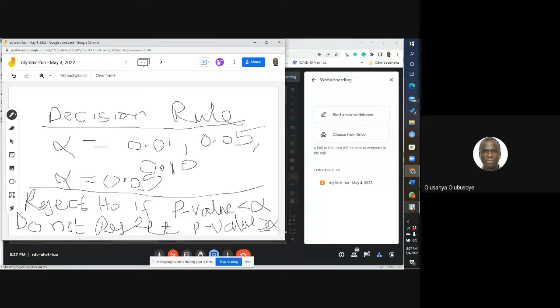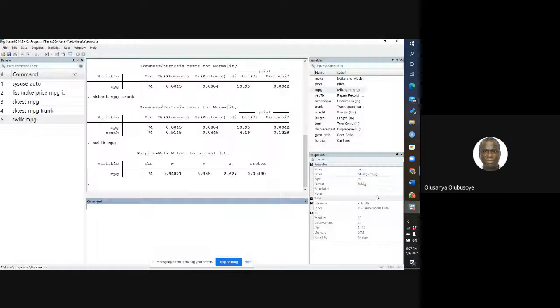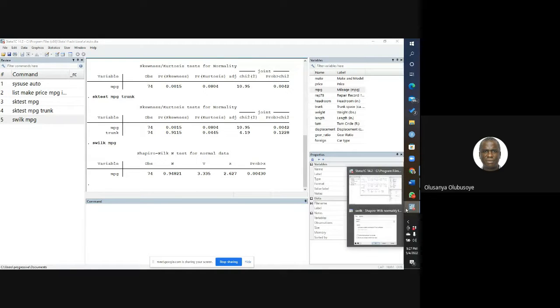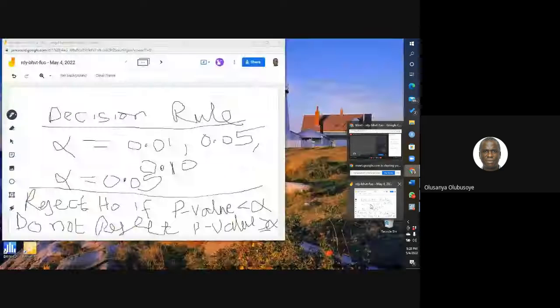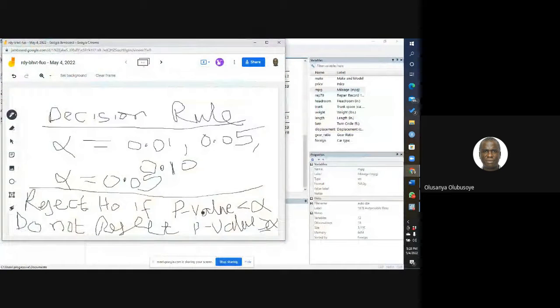So in our case, this is the p-value. The p-value is far less than the alpha of 0.05 that we have chosen.